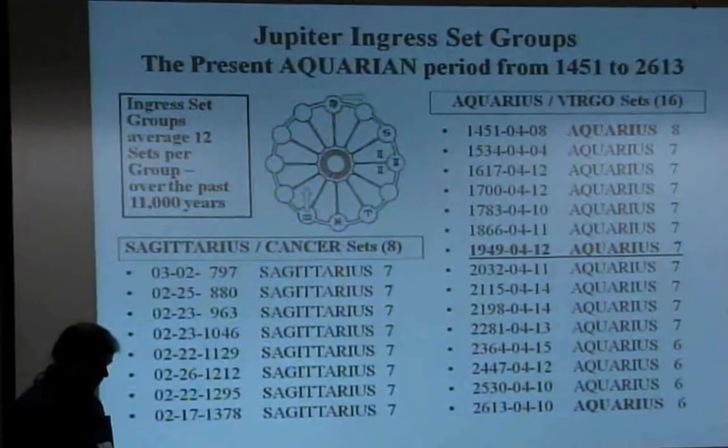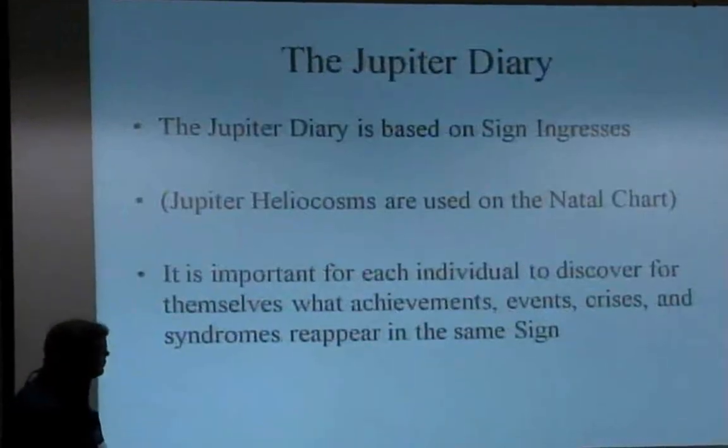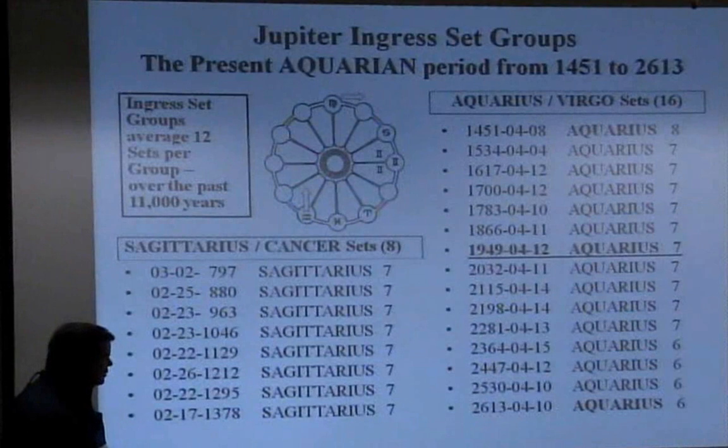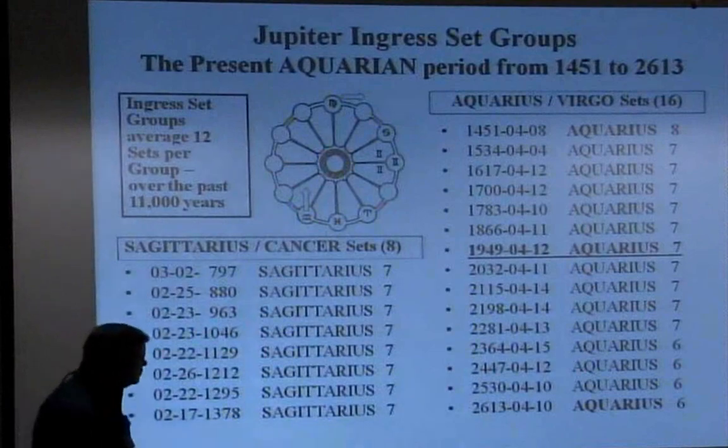So I think we have a lot more to look forward to in terms of another 1,500 years or so. All being Aquarius, why is it the Aquarius-Virgo set?